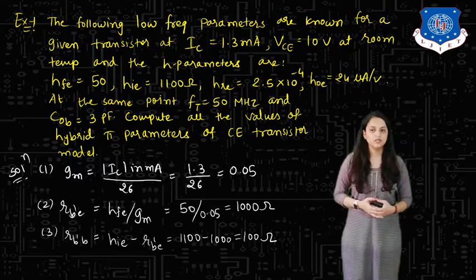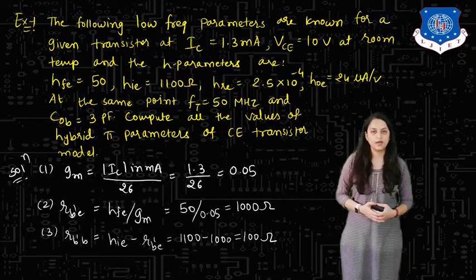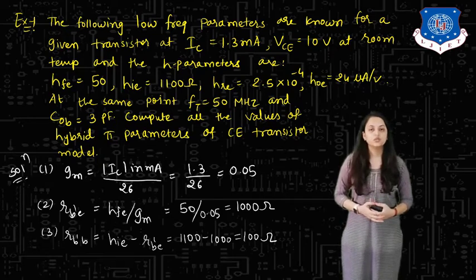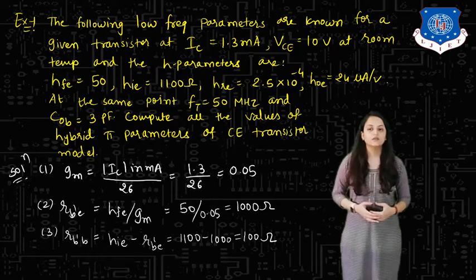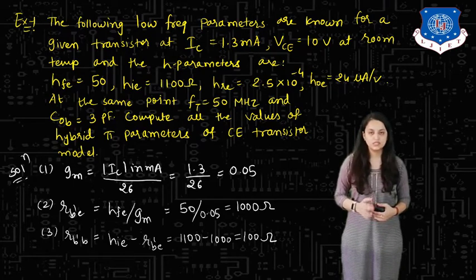At the same point, fT is given as 50 megahertz and COB equals 3 picofarad. Compute all the values of hybrid pi parameters of the CE transistor model.